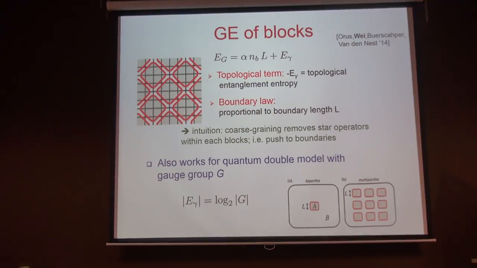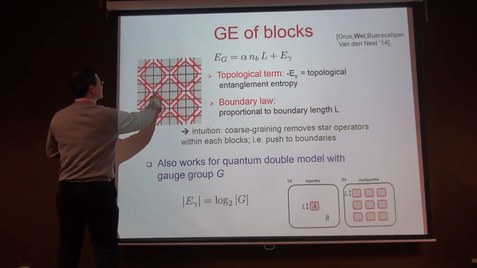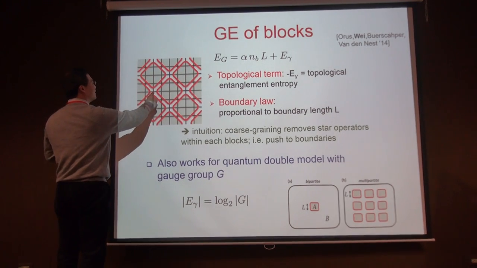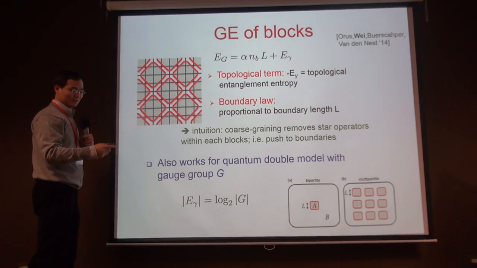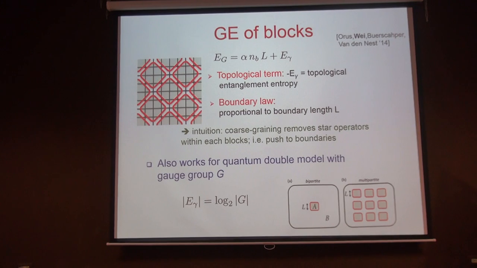Actually, there's no gap between these. That's just schematic. The spins here are next to each other, so there's no gap in the region. So each spin has to participate, or each block has to participate.